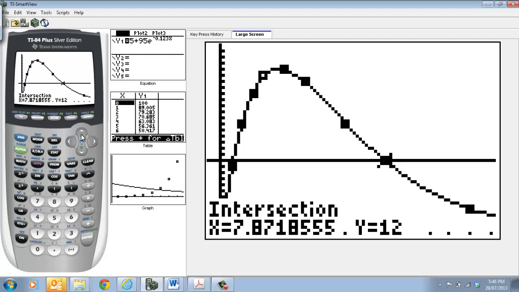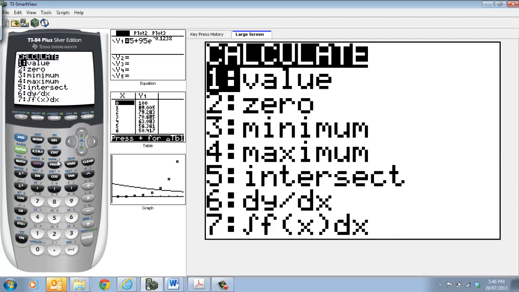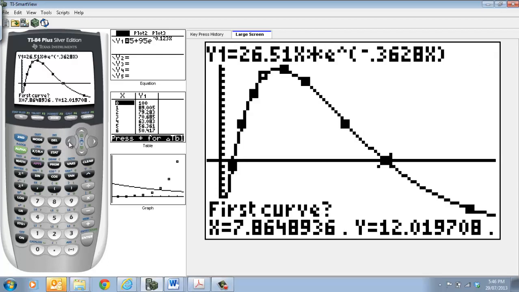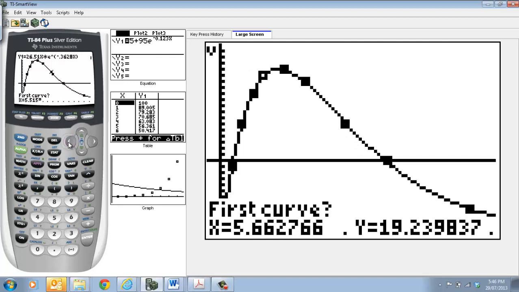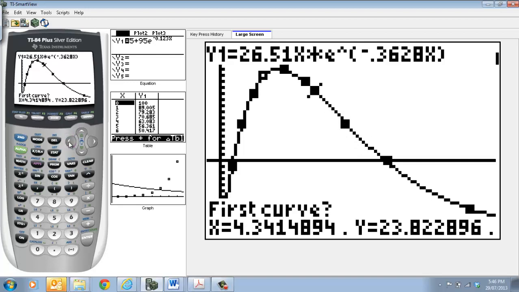The next one we can also find, and if we go to calc, we go to our intersect point, number 5 again, and we can scroll back over here. We have to go on the other side of that maximum if we want to find the other point of intersection.